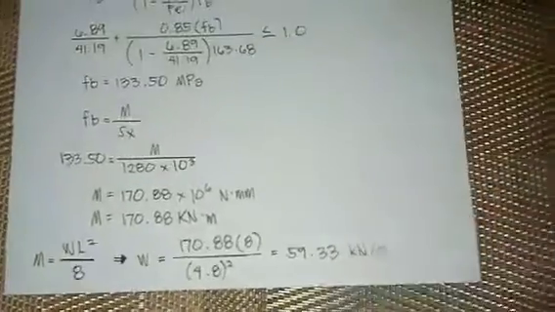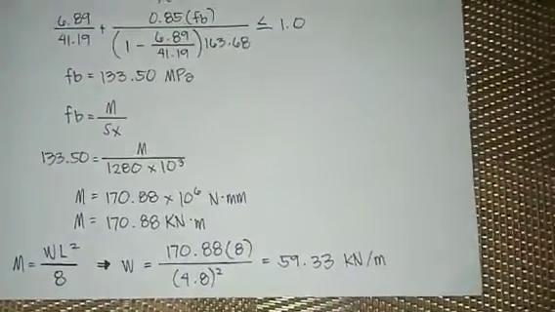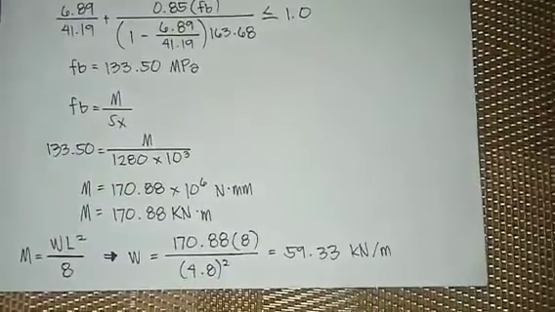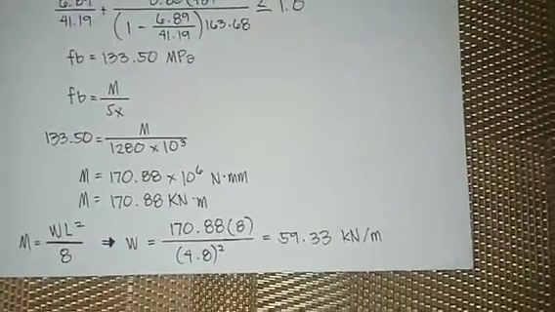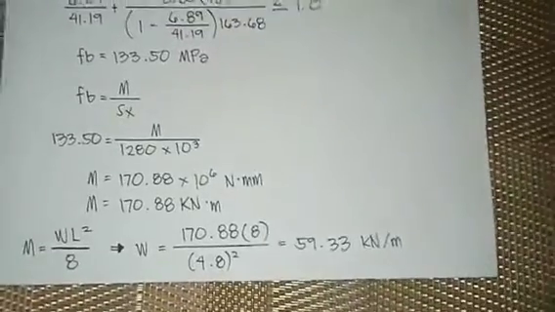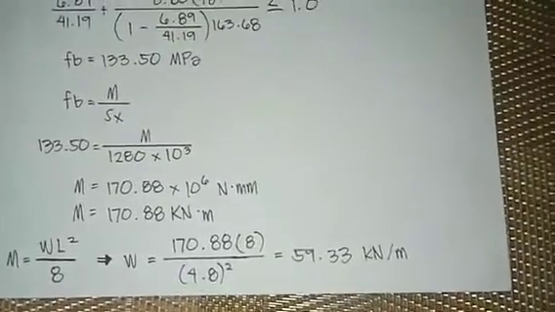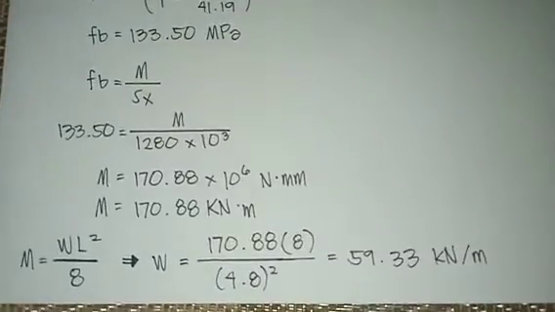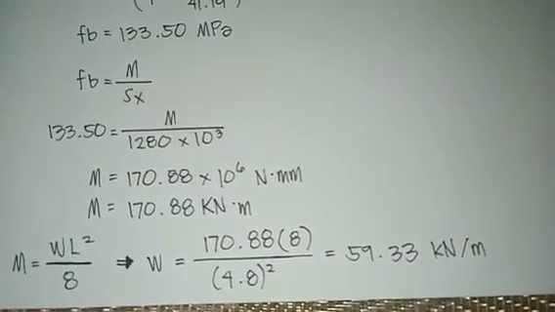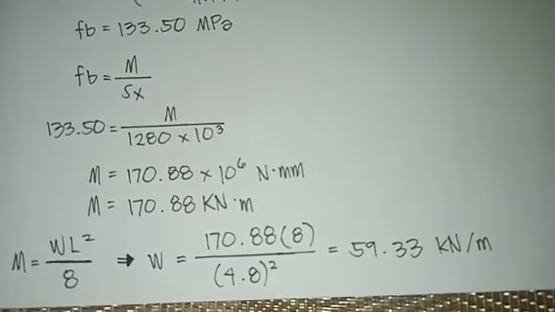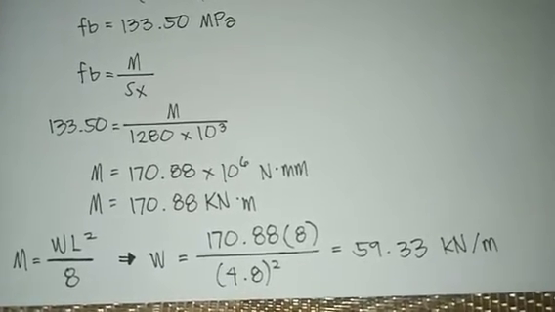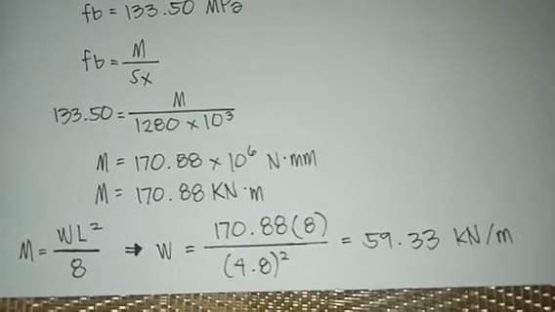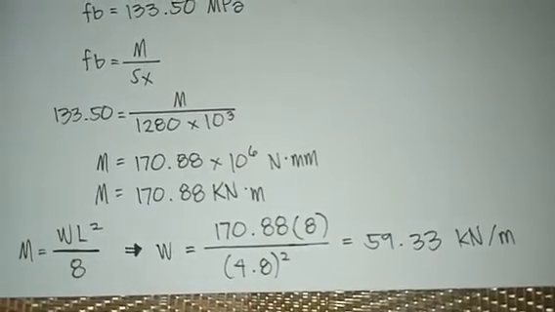Then we can get the uniform load W. But first, we get the moment. fb is equal to M over Sx is the formula we will use, since the moment is the unknown.